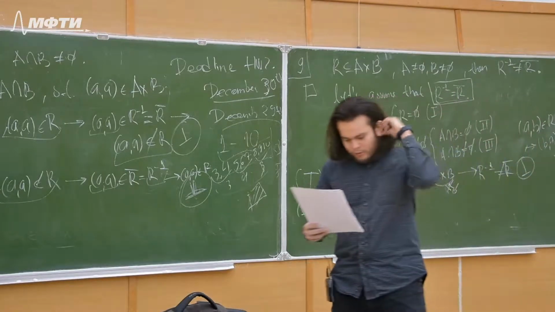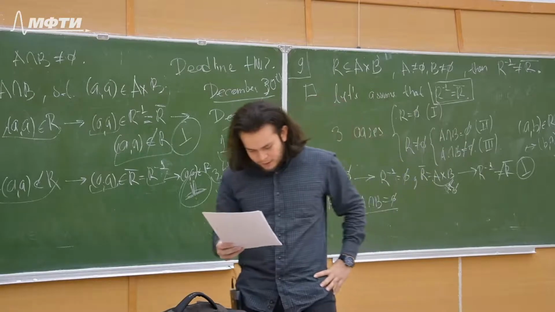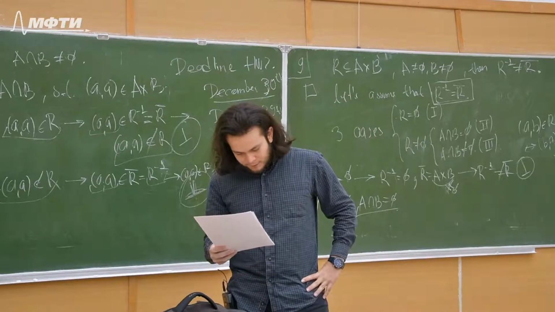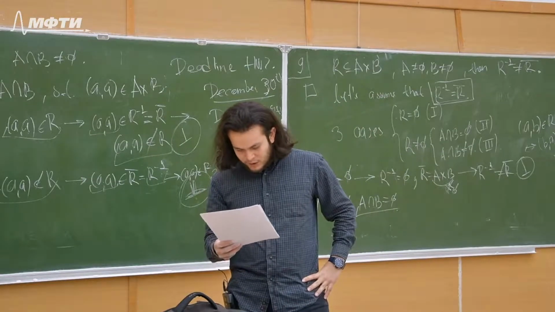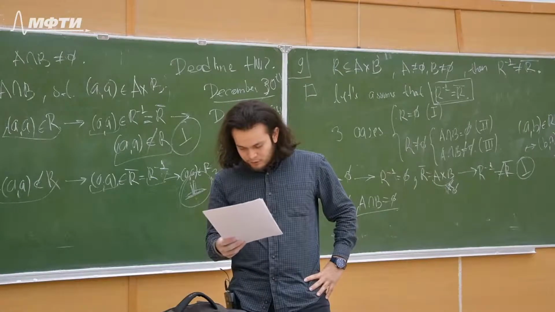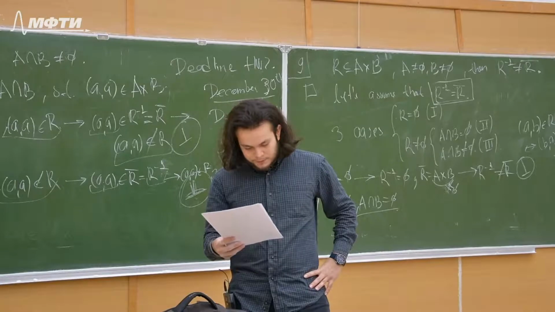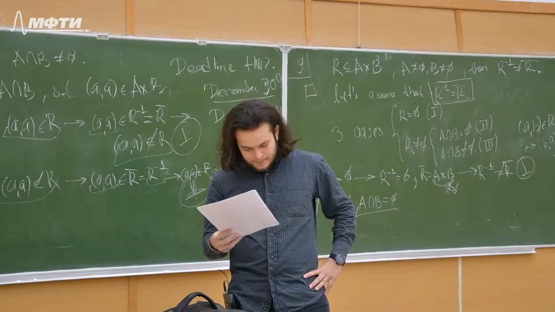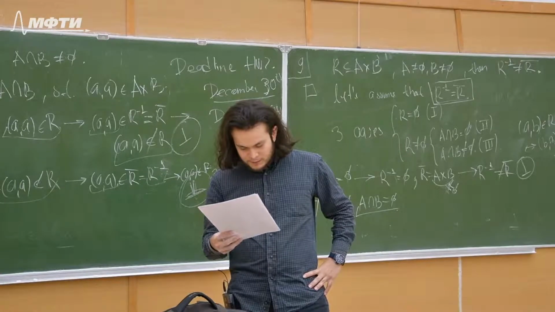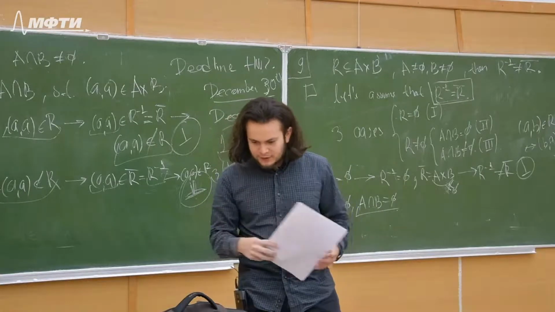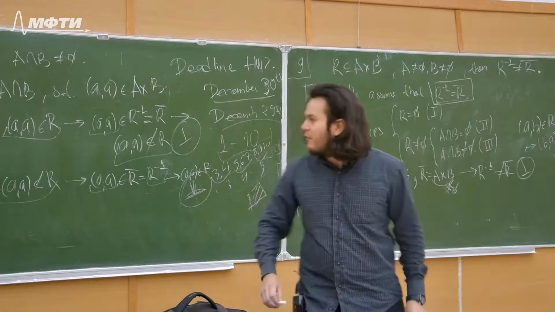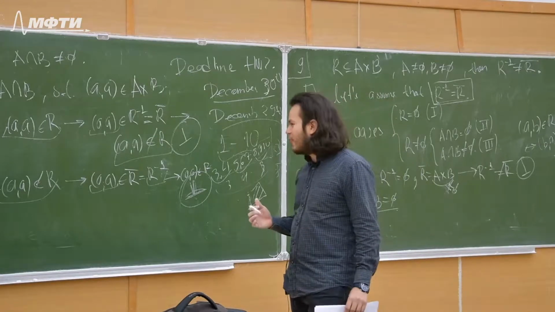So exercise 2 was: make a finite sketch for the diagram of the relation on the set of the natural numbers. Okay. I see. Well, I forgot to ask about this one.